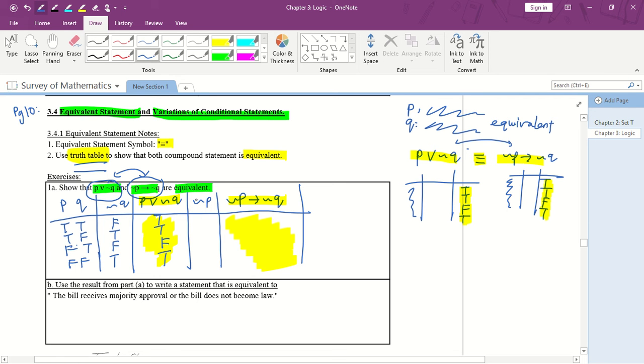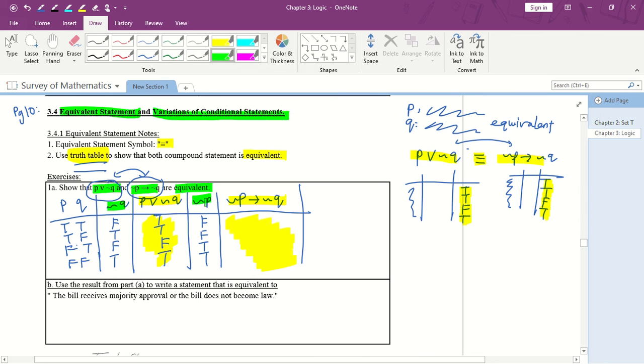And now we need to get negation P here. Now, true, true, false, false, so here it will be false, false, true, true. And here says we need to get negation P to negation Q. Remember, negation P to negation Q. So negation P is here and negation Q is here.